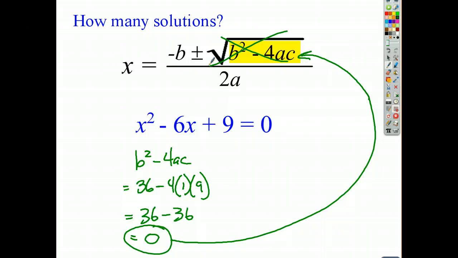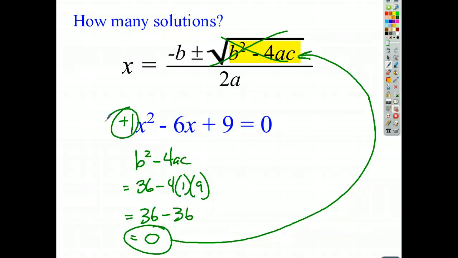If x only has one solution, that means that that's the vertex, right? That is either the lowest point or highest point. In this case, since this is a positive 1, this thing is pointing up, it will be my lowest point, okay? So it's going to tell you the axis of symmetry.